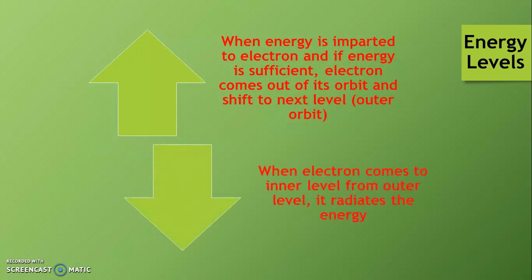But if an electron comes to the inner level from an outer level, it radiates energy. So to detach the electrons from their orbit and take them to the next level, we need to impart energy. On the contrary, if electrons come to the inner level, they radiate energy.